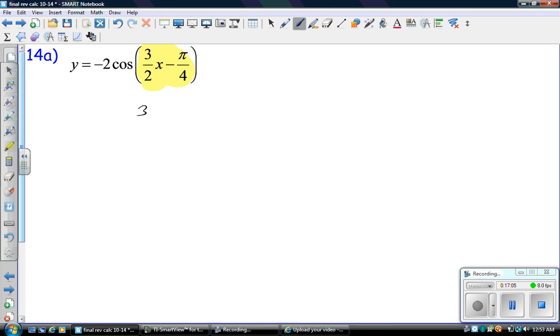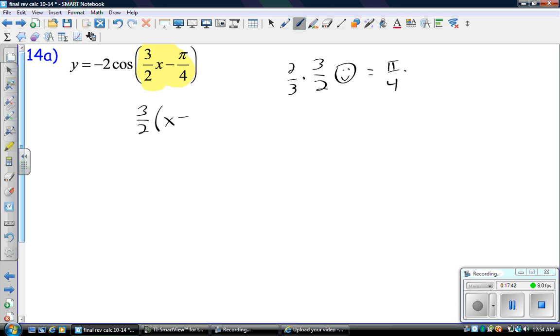Factor out the 3/2. I have x minus what? 3/2 times what gives me pi over 4? That's kind of nasty. You could guess and check, but you could also just do it this way. 3/2 times something has to equal pi over 4, so multiply both sides by 2/3.